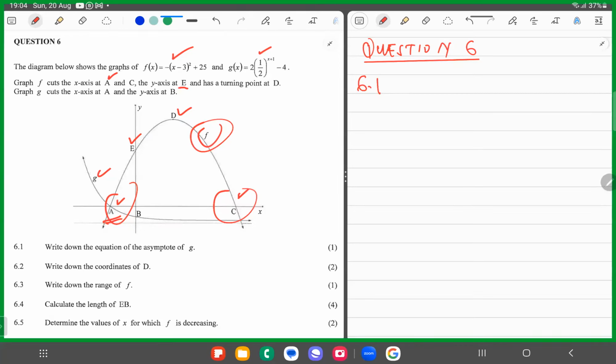And the y-axis at B, so you can see that graph G cuts the y-axis at the point B. And I can clean the diagram up for us. We're trying to make sure we're better familiarized with these particular questions here.